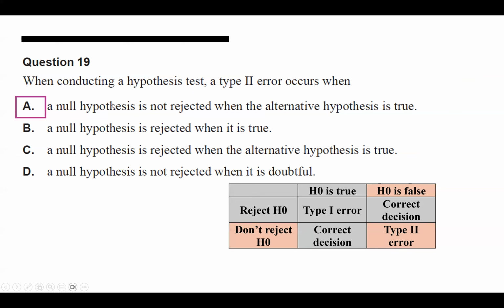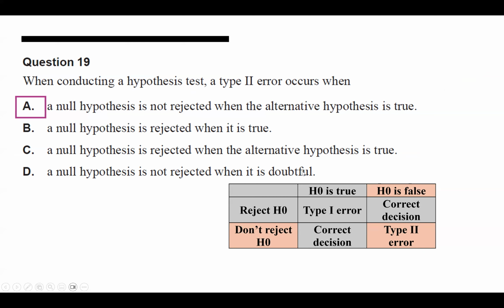So we say a null hypothesis is not rejected when the alternative hypothesis is true, because H0 is false may indicate your alternative hypothesis is true, okay? Well, this is the best answer. Probably some of you would struggle between option A and option D. A null hypothesis is not rejected when it is doubtful.